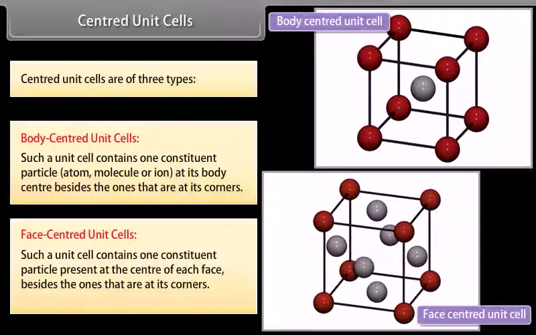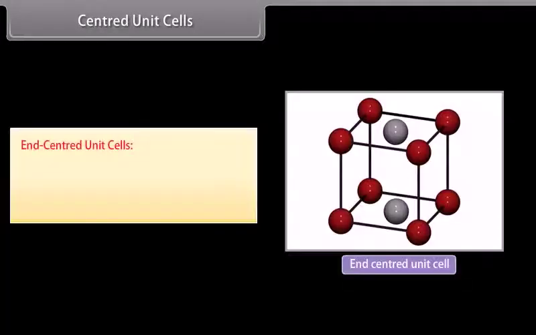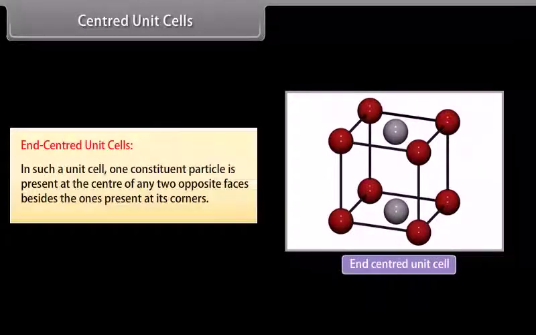Such a unit cell contains 1 constituent particle present at the center of each face besides the ones at its corners. 3. End-centered unit cells. In such a unit cell, 1 constituent particle is present at the center of any 2 opposite faces besides the ones present at its corners.